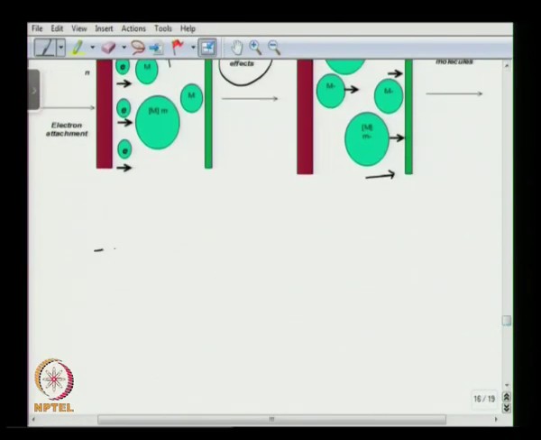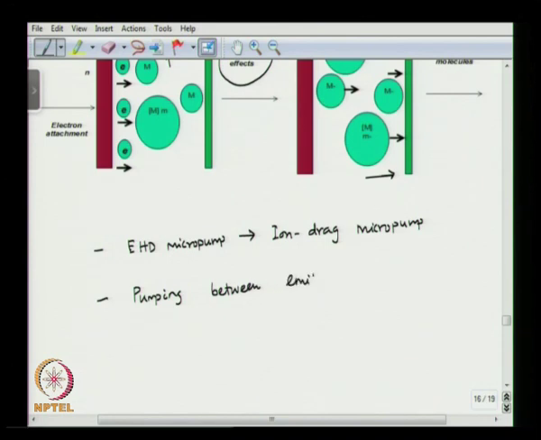Here, we also call the EHD micropump an ion drag micropump. So, here we have the pumping between the emitter and collector, a pair of electrodes, and initially there may be some impurity present.